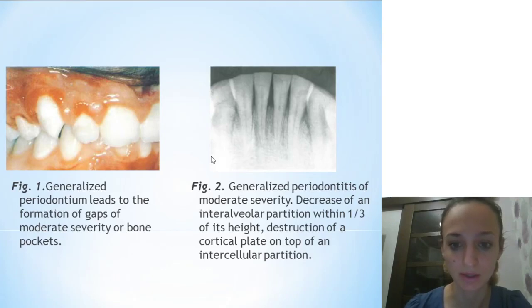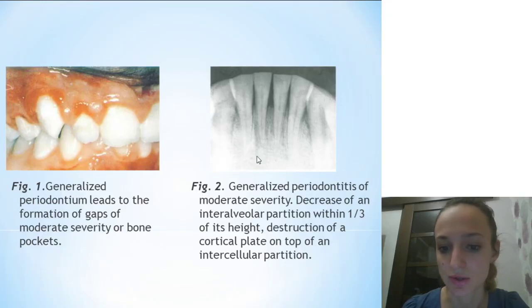And here are clinical cases. Generalized periodontitis leads to the formation of bone pockets. In generalized periodontitis of moderate severity, there is a decrease of the interalveolar partition within 1 to 3. Please look here.